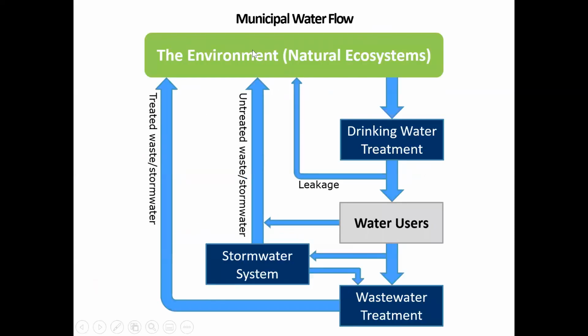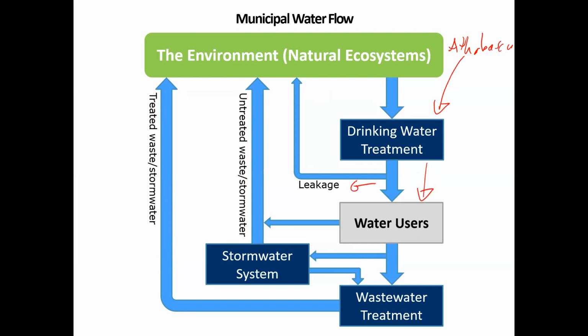So this is kind of the flow of water. You can see that it looks complex, but it's actually not really that complex. Basically you have your natural flow. Your natural system in Fort McMurray, of course, is the Athabasca River, and this goes to the drinking water plant, and then it heads out to the users.